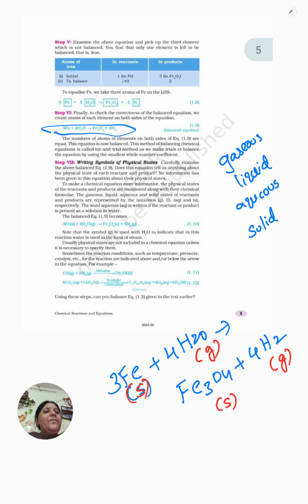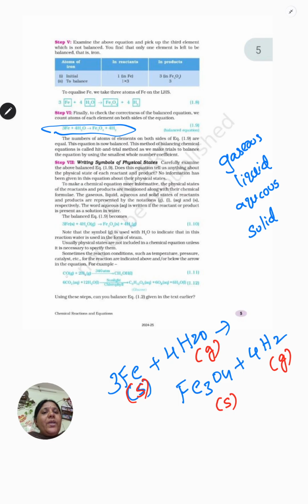Aqueous is written if the reactant or product is present as a solution in water. So these symbols, if you write, it will be more clear. Sometimes the reaction conditions such as temperature, pressure, catalyst, etc. for the reaction are indicated above and or below the arrow in the equation.